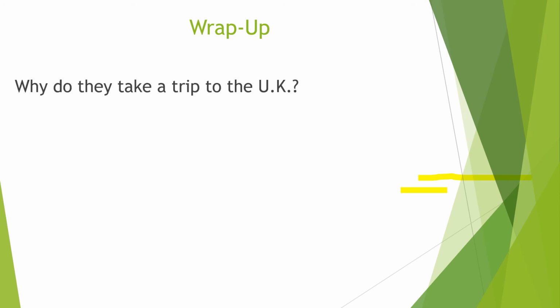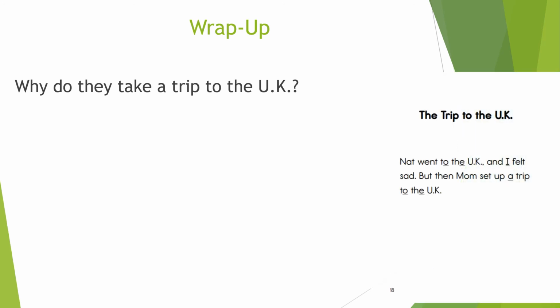Why do they take a trip to the UK? Think back to the first page again. It says, Nat went to the UK and I felt sad. So they took their trip to the UK because Nat was in the UK and Beth was sad. How do they get to the UK?